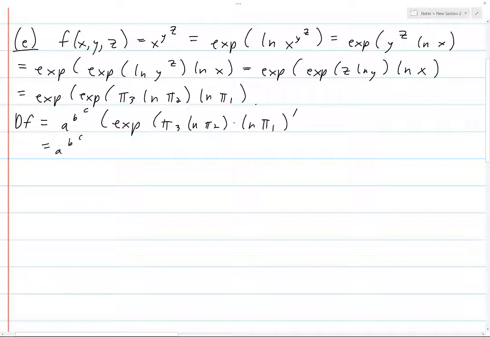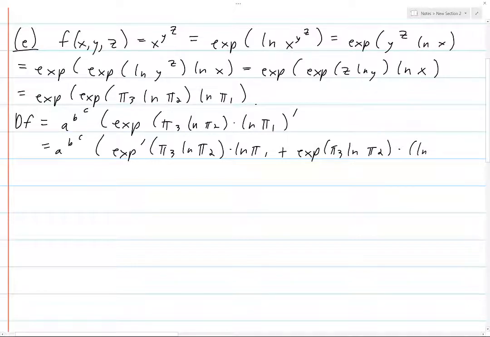And now we go ahead and use the product rule. So it's the first term, and then the second term would be pi 3 natural log of pi 2 times the natural log of pi 1 prime.